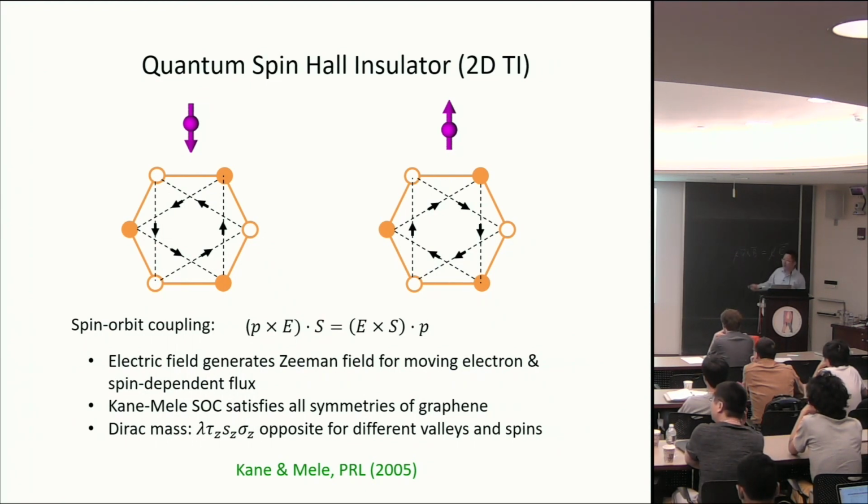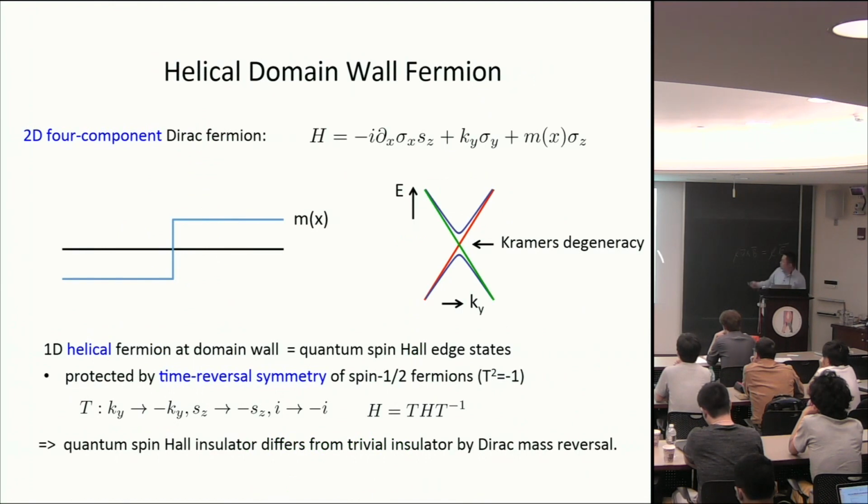Now, of course, in the carbon system, the spin-orbit interaction is extremely small. So this term, in practice, is vanishingly small. So the quantum spin Hall effect has not been seen in a single layer of graphene so far. But it really illustrates these topological states with time reversal symmetry.